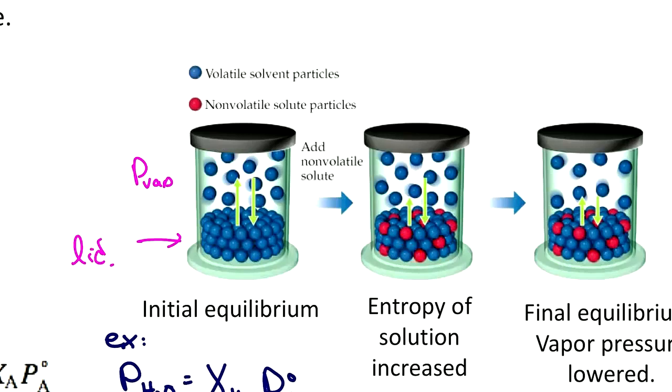So what happens when you dissolve that salt is that some of those solute particles are at the surface of this liquid, and so not as many solvent particles go into the gas phase to produce the vapor pressure that there was before. And so the presence of those particles lowers the vapor pressure of the pure water that it is mixed with.